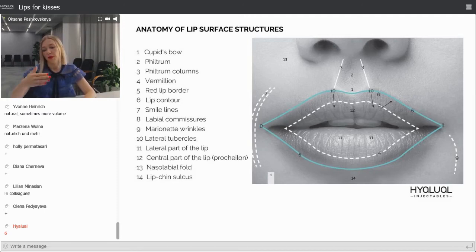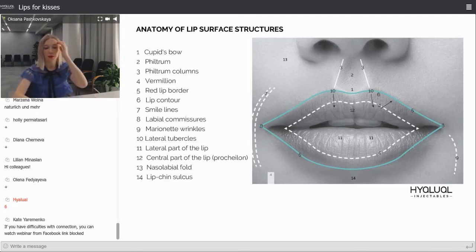Look now, let's look at the upper lip. It has Cupid's bow, just in the central part of the upper lip. And I would tell you immediately that I really work with Cupid's bow very seldom.